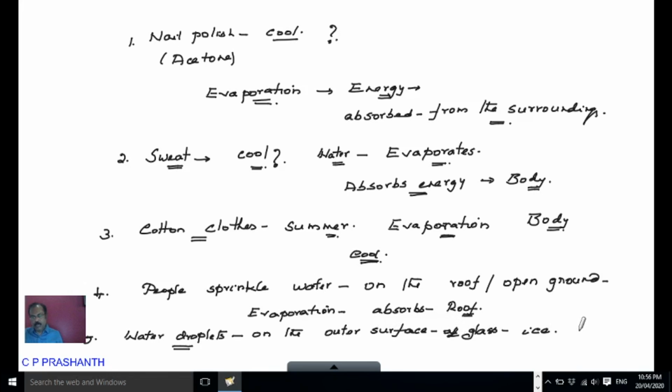The water vapor which is present in the atmosphere gets condensed because of ice present inside the glass. So you find those water droplets on the outer walls of the container.